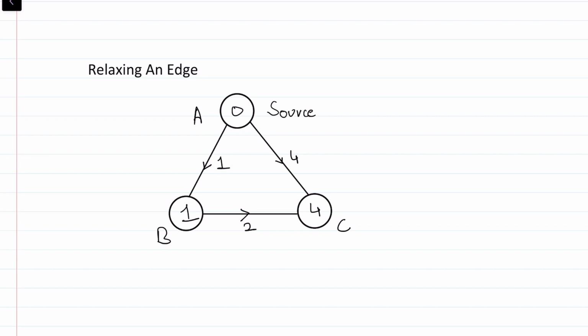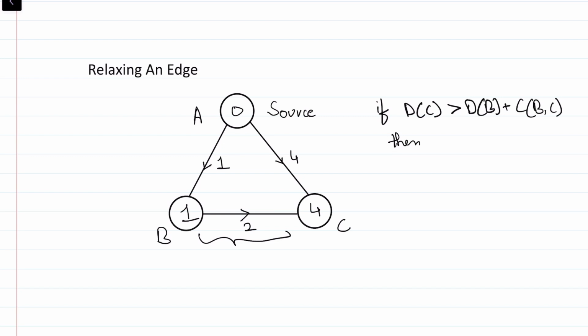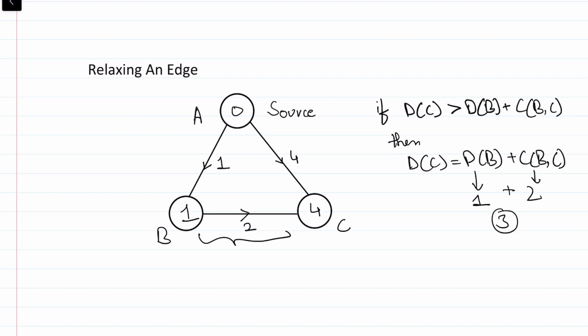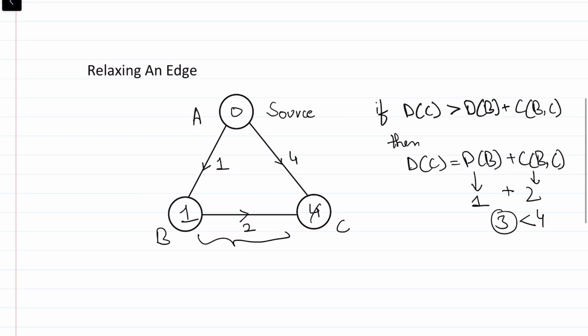But the distance from A to C can be decreased by taking the route from A to C via B. So relaxing an edge is: if the distance of C is greater than the distance of B plus the cost of B to C, then we relax this edge from B to C and we make the distance to C equal to the distance of B plus the cost of B to C, which in this case would be 1 plus 2, which is less than 4. Here we have relaxed the edge from B to C.